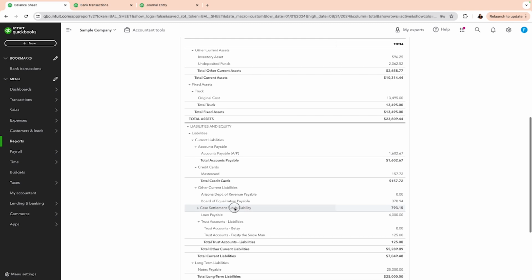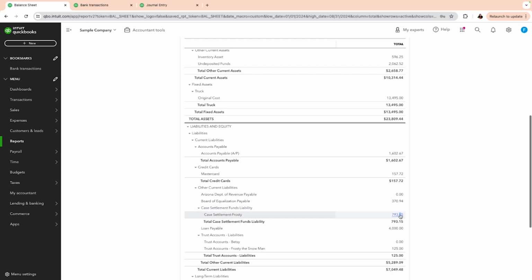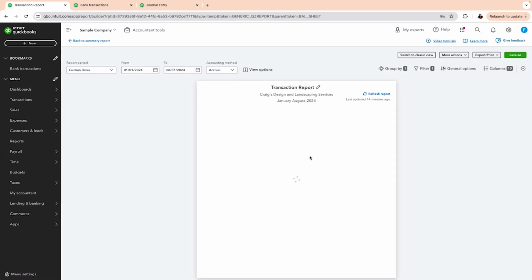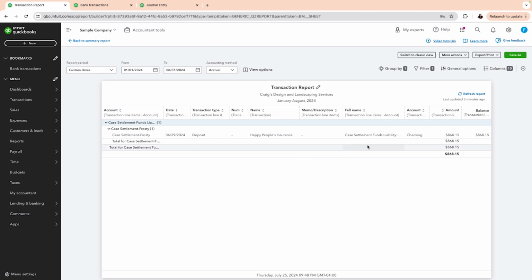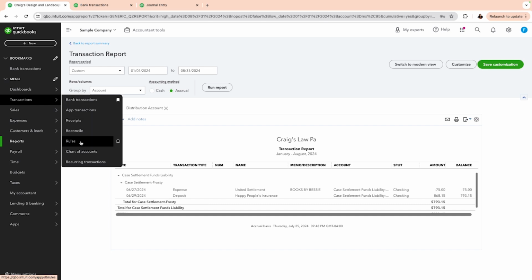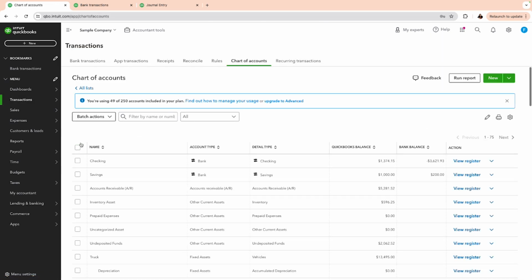If you click on the case liability, on the amount, it should show the deductions right from here. But if you don't see it, you want to see it elsewhere, because this is a simple account and it's not showing correctly. It should show all the lines, but it's not showing it. So we're gonna go to the transactions, chart of accounts, and I'm gonna show you that settlement account.